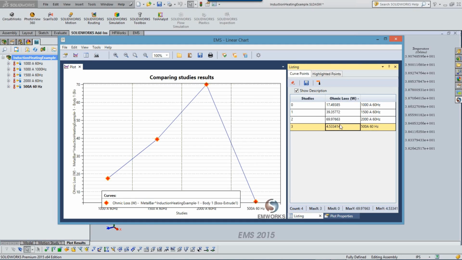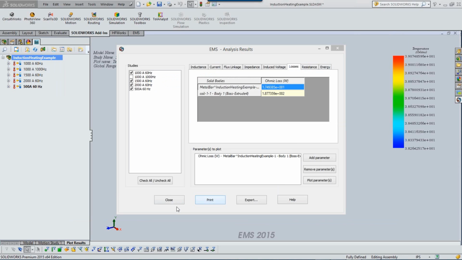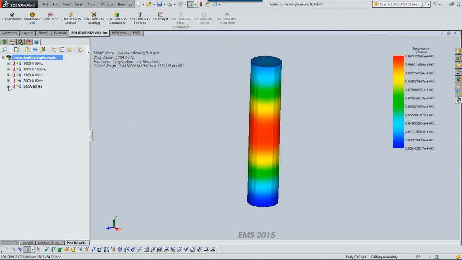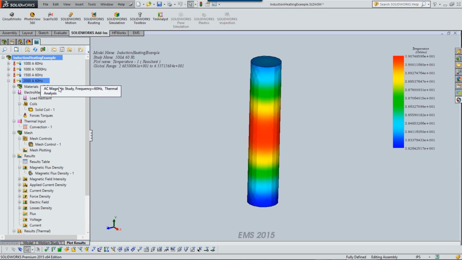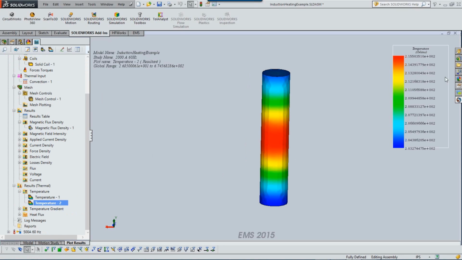So obviously with 2000 amps, I'm really going to get a very high heating temperature distribution in my bar, so that basically will help me heat this particular rod. So I'm going to go ahead and close this, and let's go to a situation where I have 2000 amps current going through this. And I can go ahead and take a look at the temperature.